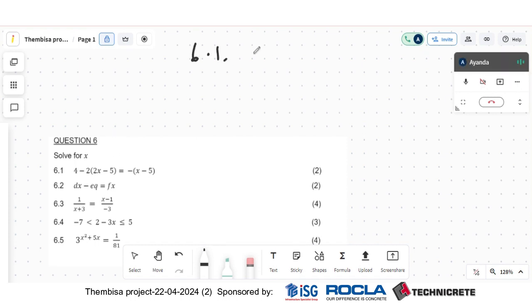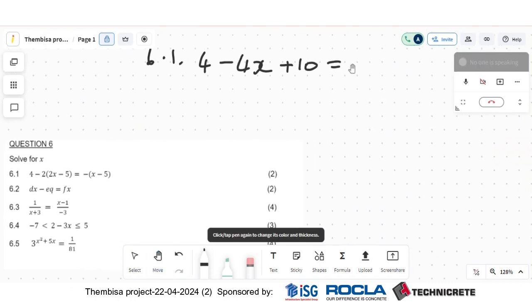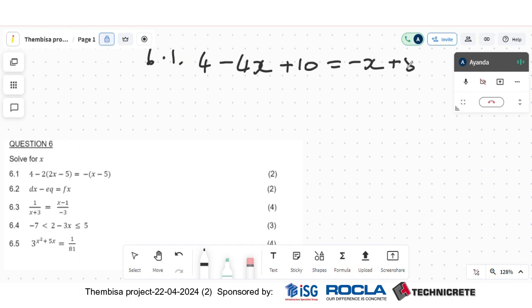So 4 minus 2 times 2x, or negative 2 times 2x, is going to give us negative 4x. Negative 2 times negative 5 is going to give us positive 10, is equal to negative x. That negative and negative 5 is going to give us a positive 5.